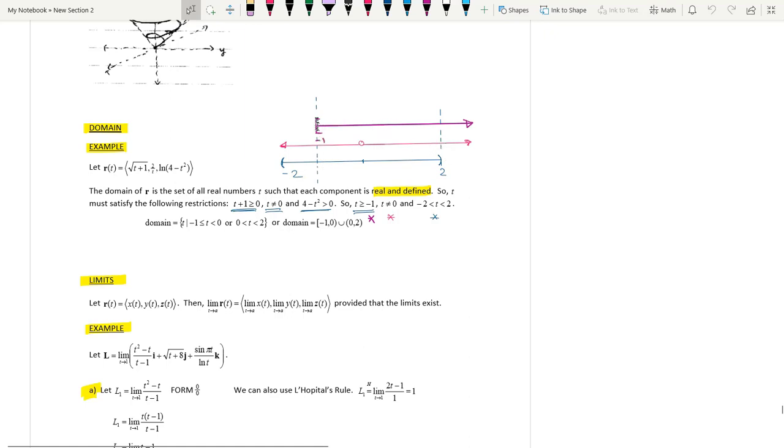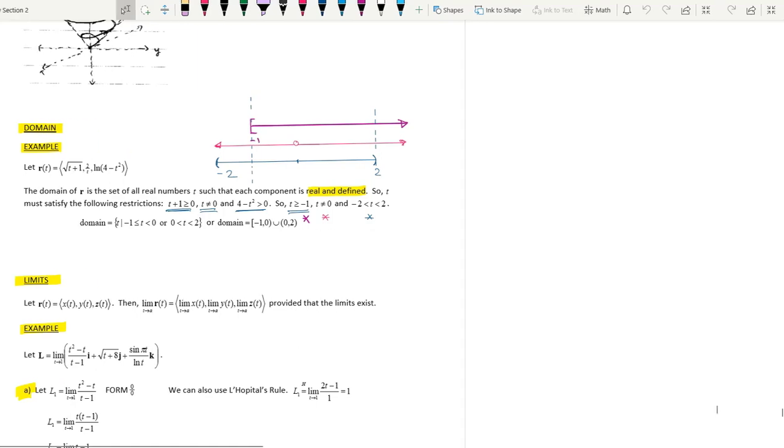You will see that this region from negative 1 to positive 2 overlaps except at 0. So the domain would be negative 1 to 0 union 0 to 2. This is an open interval. It means this 0 is not included.